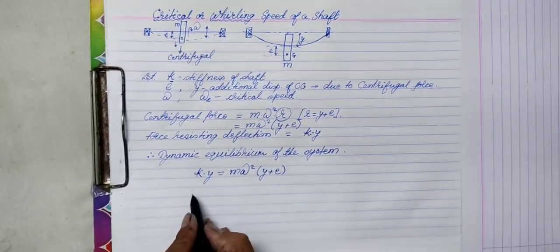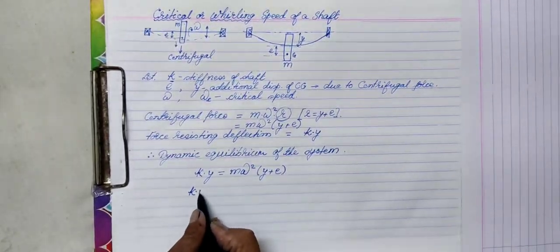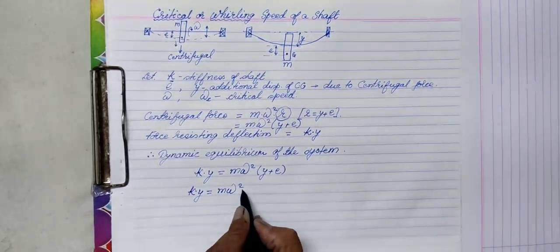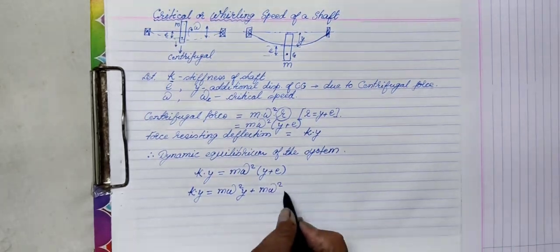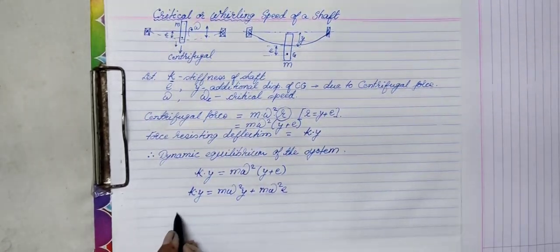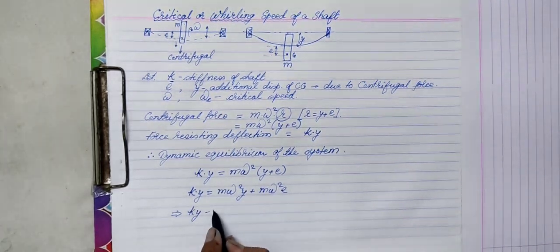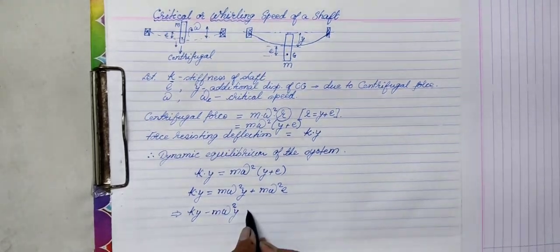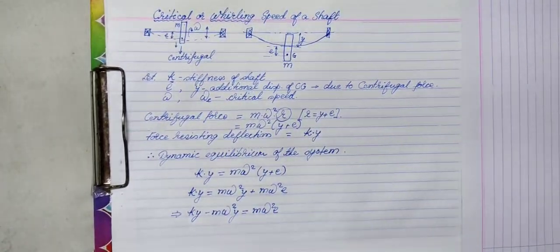So we can say ky is equal to m omega square y plus m omega square e. That means ky minus m omega square y is equal to m omega square e.